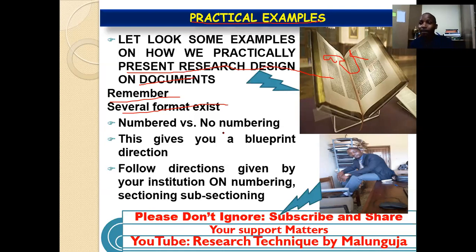I've used the numbering so that it becomes easier for you to capture. Numbering or non-numbering will depend on the institution or organization format, but for sure, just follow the directions given by your institution, whether you use numbering or non-numbering, sections and subsections, or others.